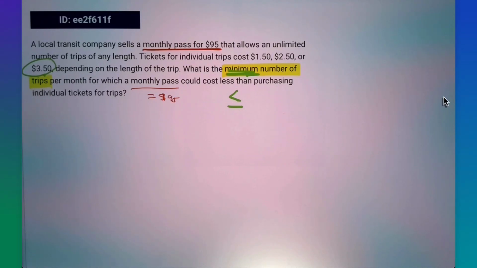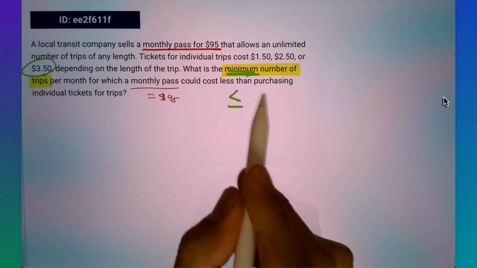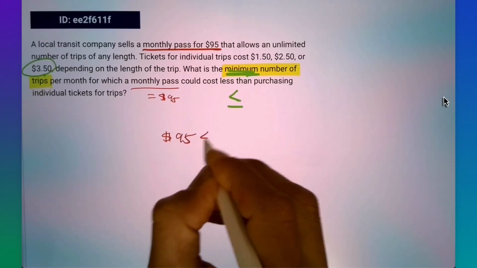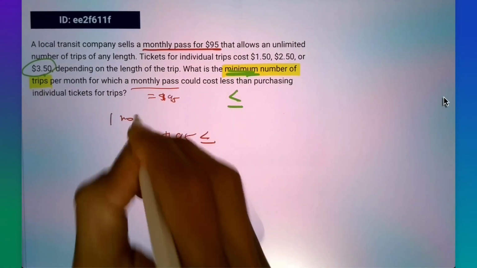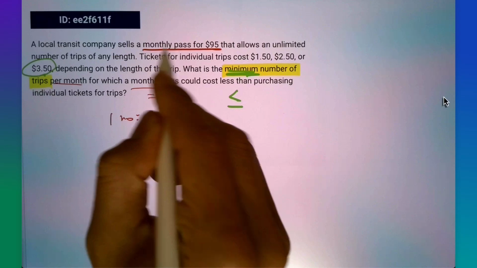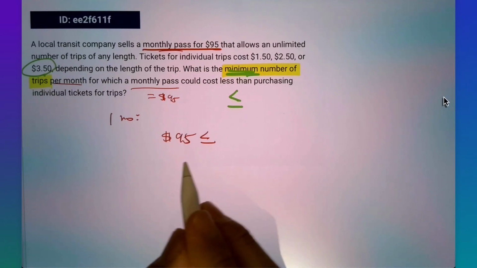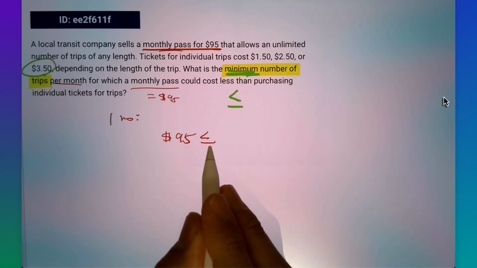So when you plug it into this inequality, we're going to get $95, and this is for 1 month. It's per month, so you can drop the unit rate, dollars per month. So $95 is less than or equal to purchasing individual tickets.